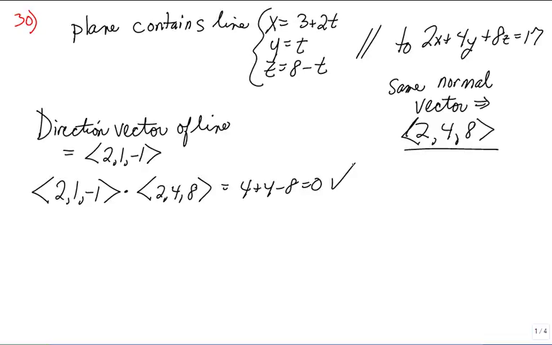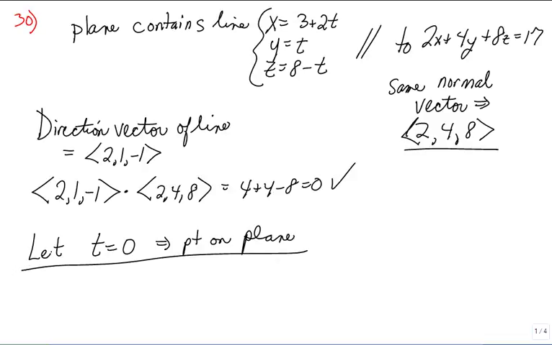So the direction vector of the line and the normal vector of the plane are orthogonal, so I just want to check that. Let t equal 0, and that's going to give me a point on the plane. You could let t be anything and get any point on the plane.